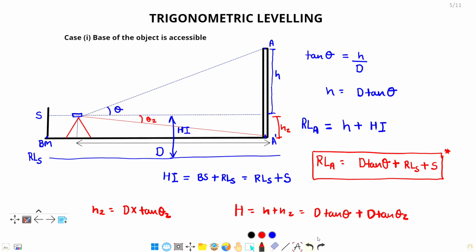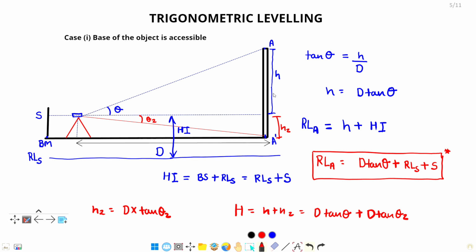So this is all about the first case. And just think, is it very tough? I did nothing, I just applied the trigonometrical formulas here and calculated the RL of point A. If someone asks you to give the RL of point A dash, you can do this also.